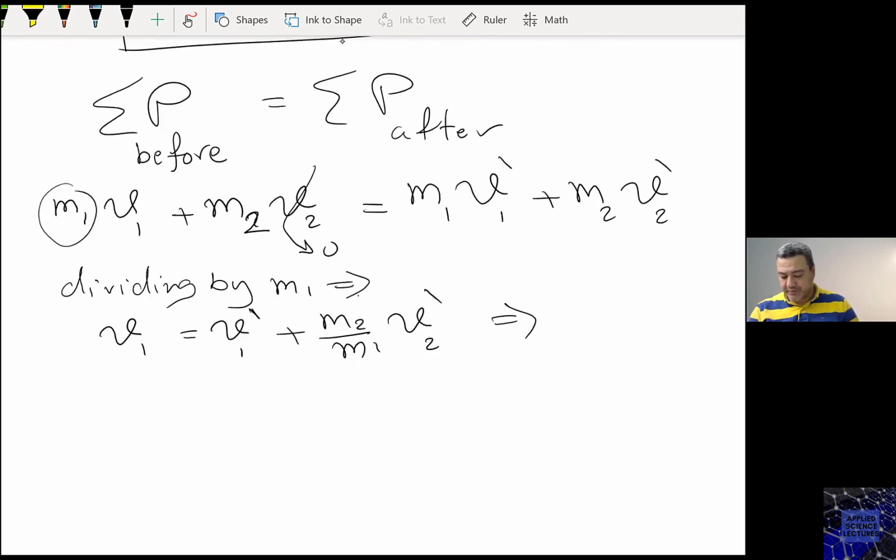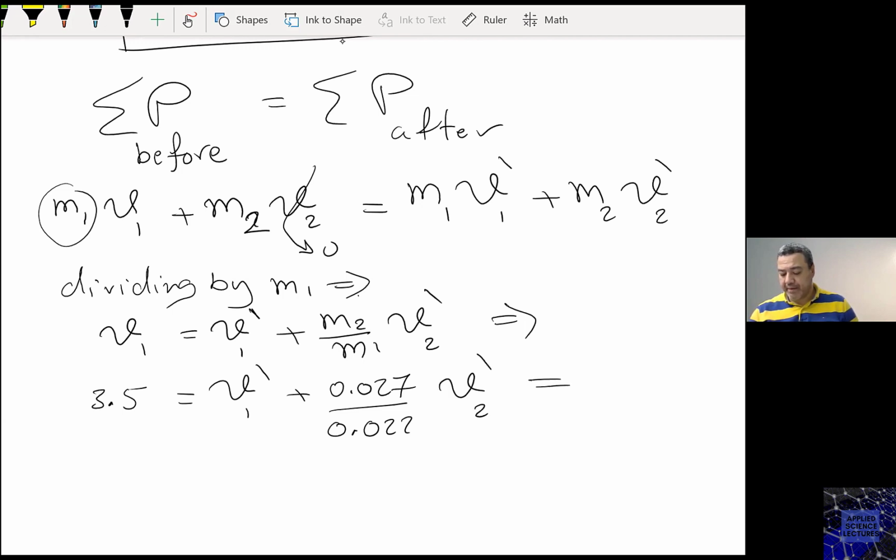I know V1 is 3.5, equals V1 prime plus, I know M2 as 0.027 or 27, here it's the ratio, doesn't matter, V2 prime.